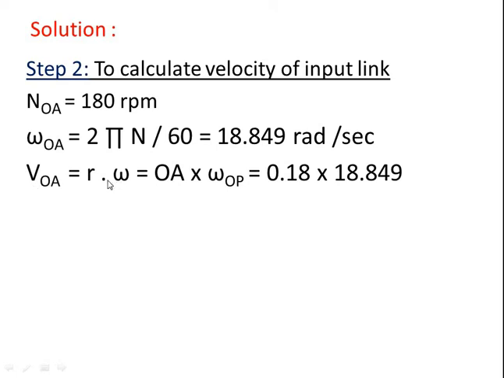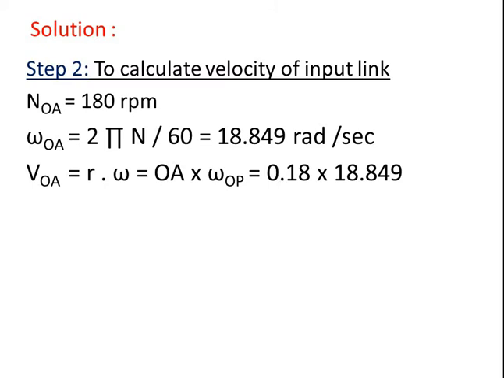Now using this omega, we have to find the linear velocity, that is v equal to r into omega, where r is the length of the link and omega is the angular velocity of the link. While substituting OA, we need to take the actual length of the link given in the question. Do not take the dimension which we have used to draw the configuration diagram.